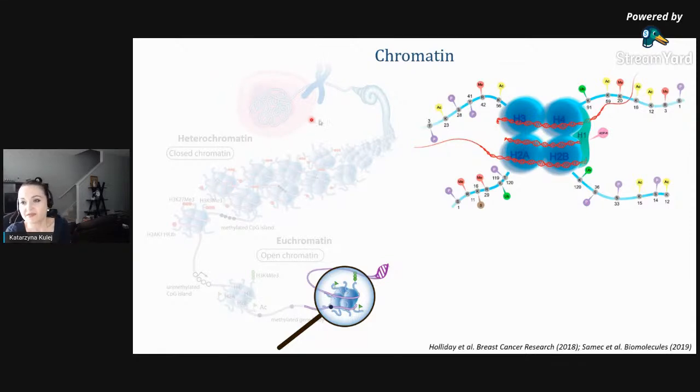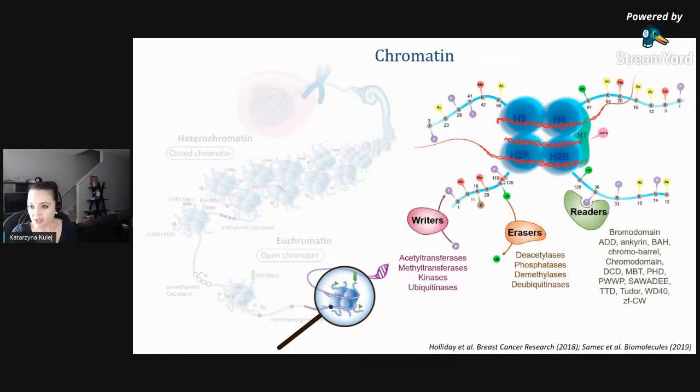Histone tails can be very heavily modified by a number of post-translational modifications, from acetylation, methylation, phosphorylation, ubiquitination, crotonylation. I could keep counting. All of these modifications are regulated by chromatin factors, which include a group of proteins called writers, which add PTMs on the histone tails, erasers, which remove them, and readers, which recognize specific post-translational modifications.